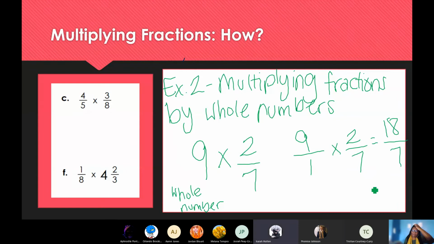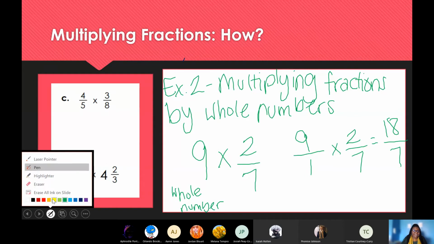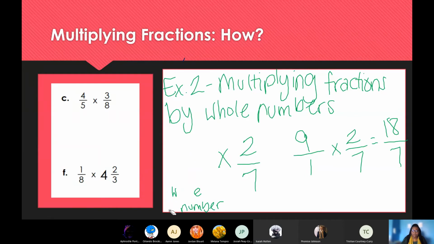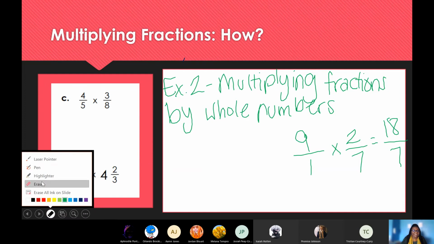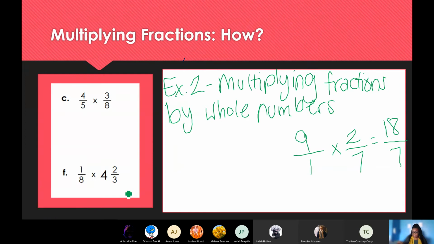So I have my improper fraction here, but I need to set this up as a mixed number. I need to turn this improper fraction, 18/7, back into a mixed number. How do I do that?